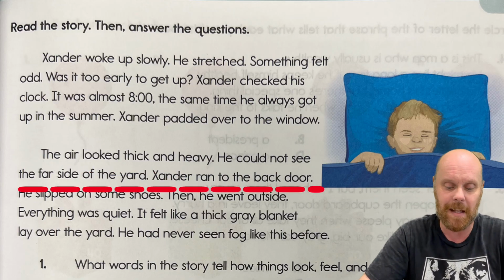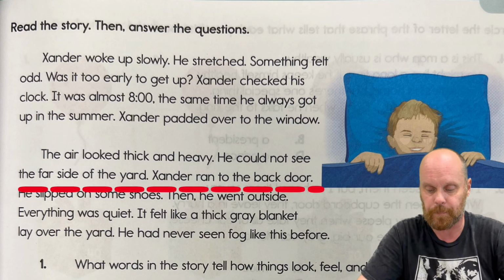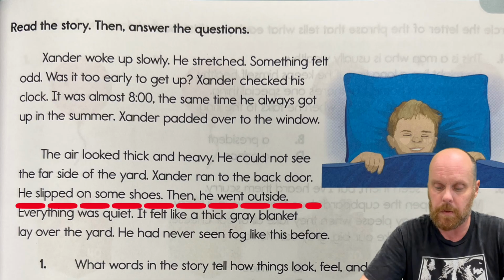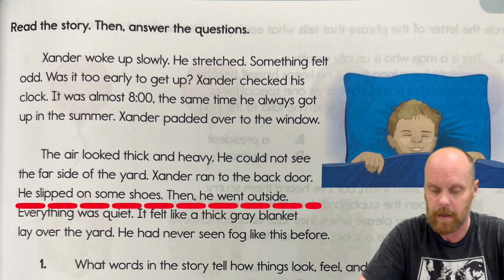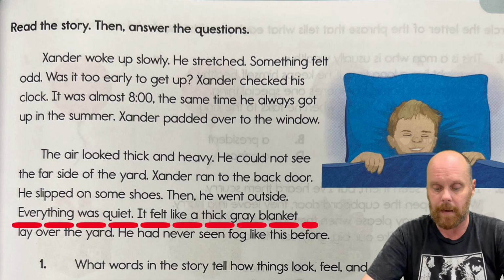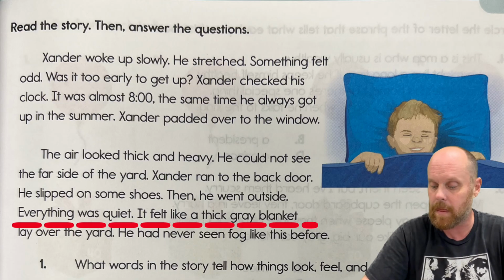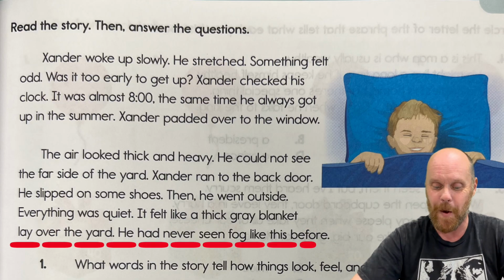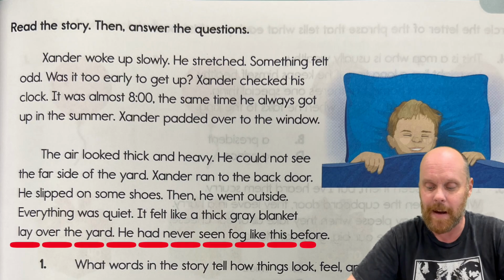He could not see the far side of the yard. Xander ran to the back door. He slipped on some shoes. Then he went outside. Everything was quiet. It felt like a thick gray blanket lay over the yard. He had never seen fog like this.